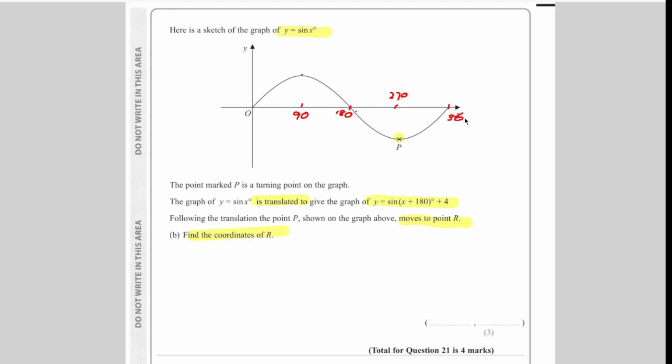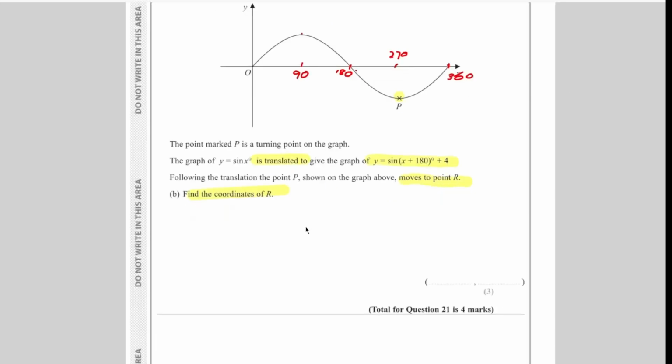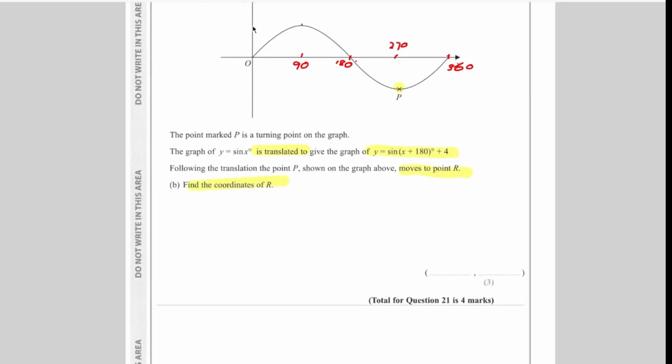The period of sine curve is 360. After each 360, the sine curve gets repeated. Okay. So 360. The maximum value of sine curve is 1. The minimum value of sine curve is -1. Then the coordinates of point P would be 270, comma, -1.